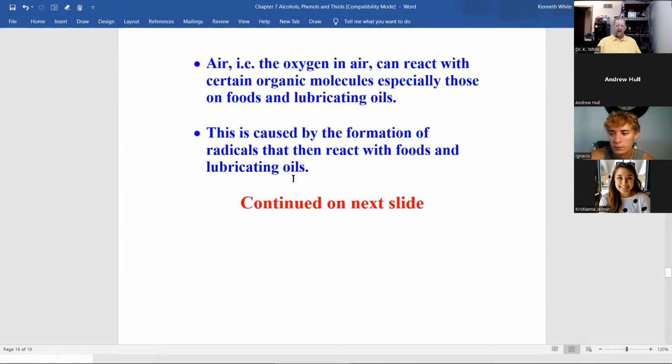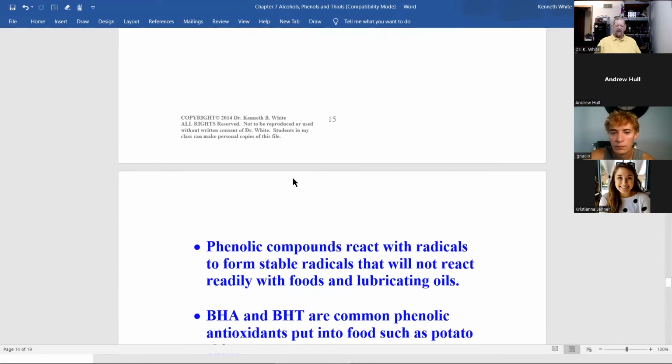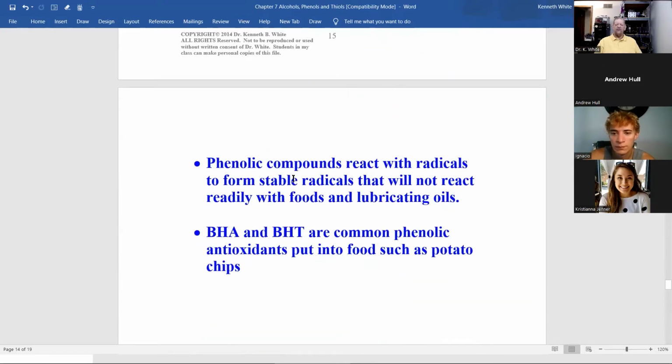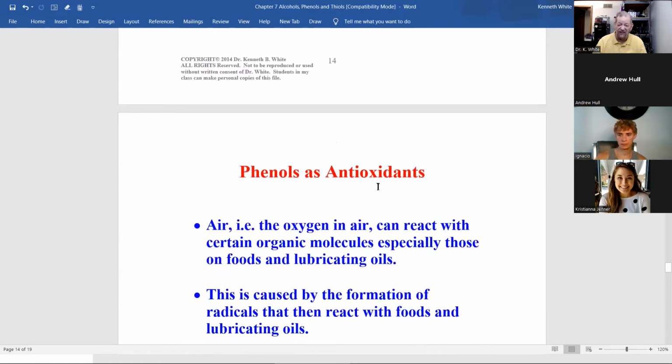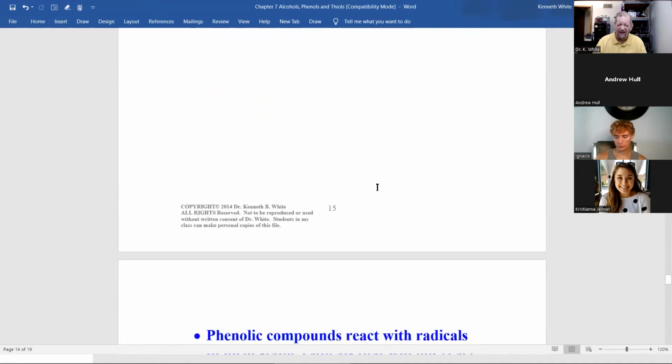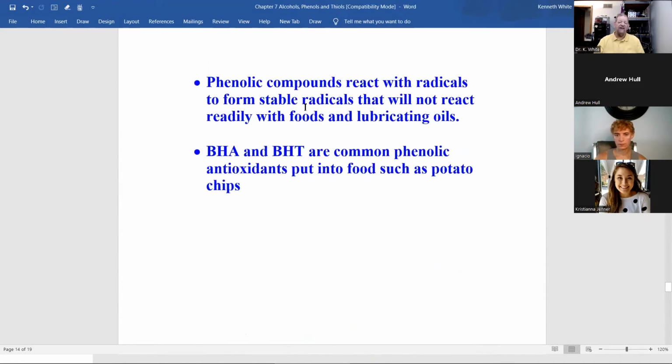Now, there's certain molecules that react with radicals to form stable intermediates, essentially stopping the oxidation or the reaction of the radicals. And it's also called oxidants. Radicals are oxidants, but not the oxidation I just showed you. And these form stable ones.